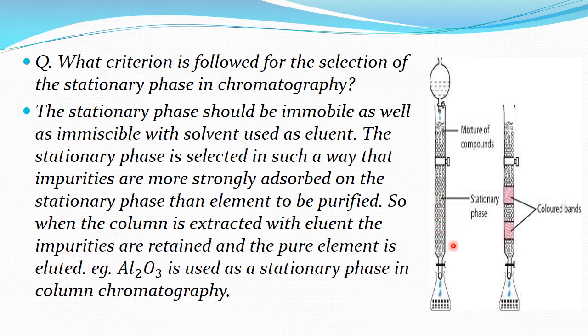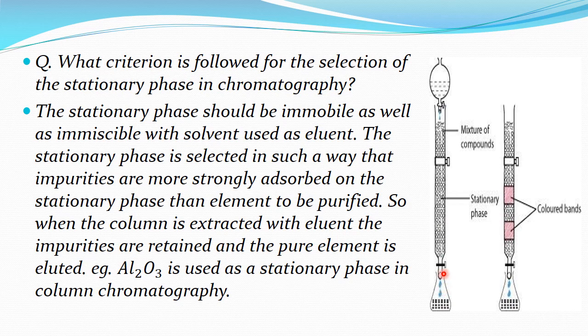The least adsorbed component of the impure element, the pure element, will come first into the beaker. The most adsorbed component, the impurity, will be on the top, so the eluent will take more time to elute this impurity into the beaker, so the impurity will be retained in the column and the element can be easily eluted.